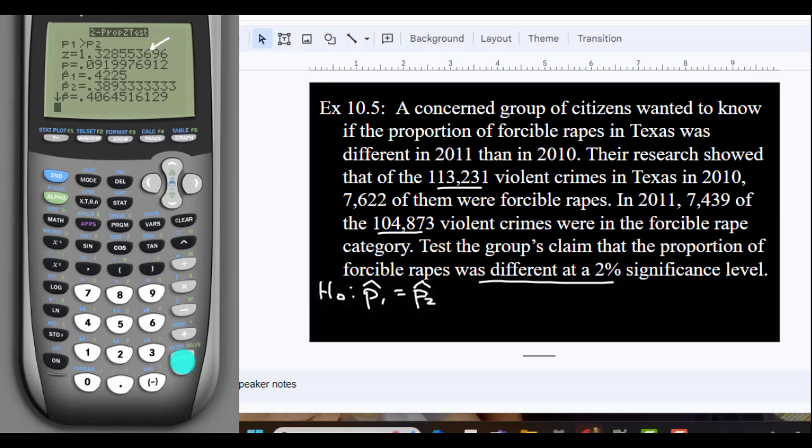For us, this is going to be 2010, and this is going to be 2011. The alternative hypothesis is that P1 hat is different than P2 hat, because they said it was different, so it's not equal to. Our alpha value is 0.02.